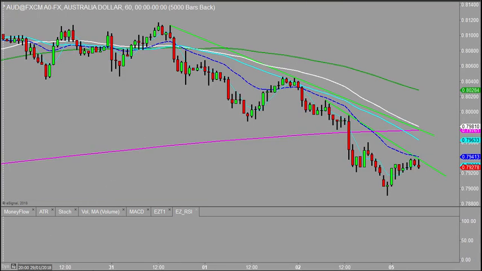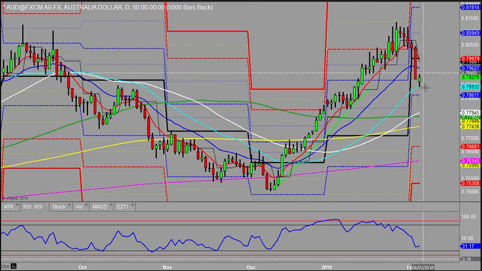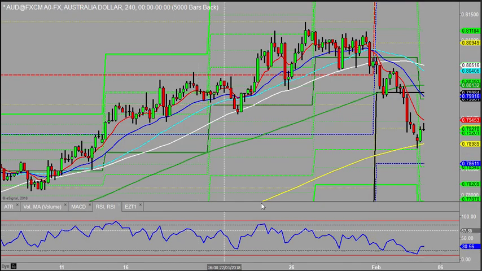Aussie dollar, another one that's broken down a little bit more, a bit like the pound and the yen I just showed you. It's broken right the way through the weekly pivot there, eventually on Friday coming back and retesting it and breaking down towards the 34. Again, some softening going on here, and weekly pivot above.